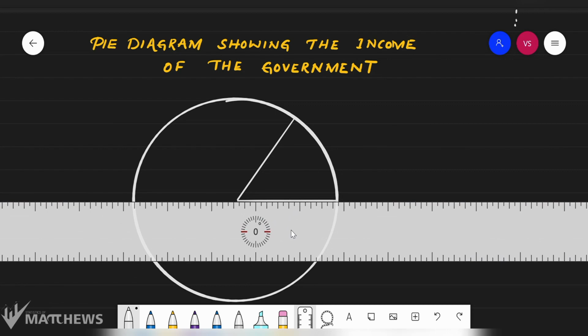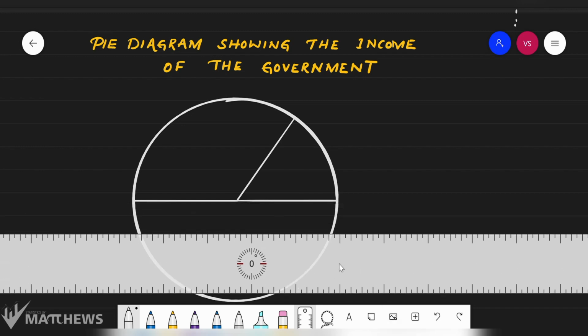I'll just put an angle like this, so it will be easy for you to understand. This is 53 degrees. This is 127 degrees. If you add both, you get completely 180, half of the circle.